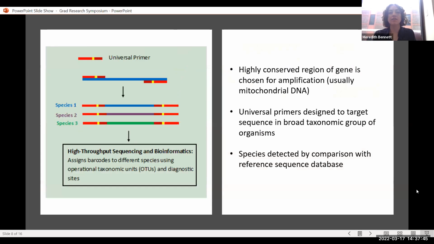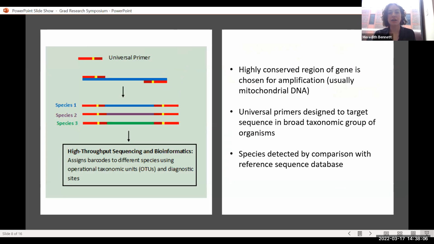So how do we analyze eDNA data once we have it? Or how do we prepare for an eDNA study? Usually the first step is to choose a highly conserved region of a gene to amplify. A lot of times this is mitochondrial DNA because it's highly conserved between generations.